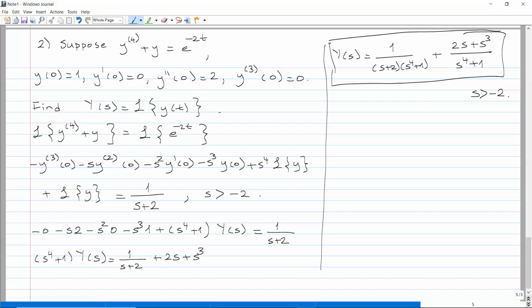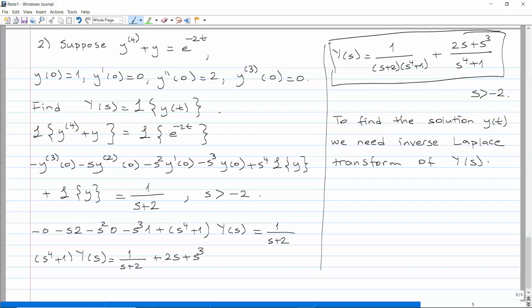To find the solution y of t, we need the inverse Laplace transform of capital Y of s. So we denote it like this: small y of t is the inverse Laplace of capital Y of s.